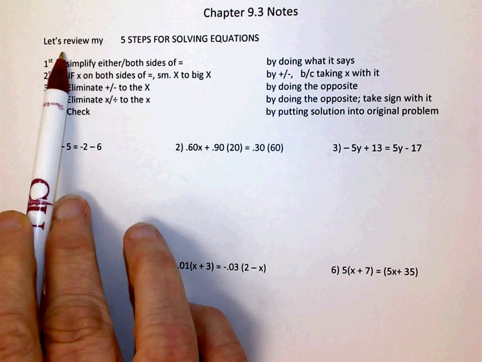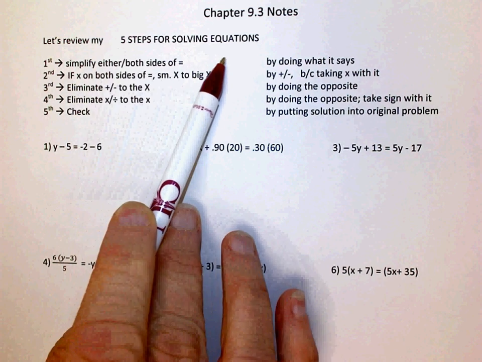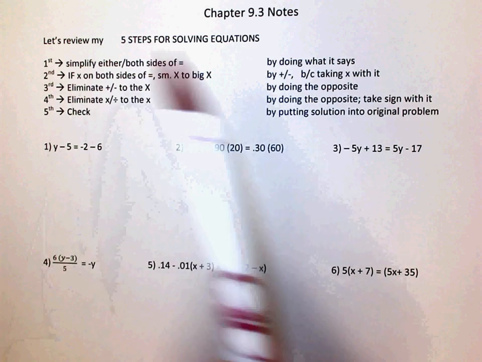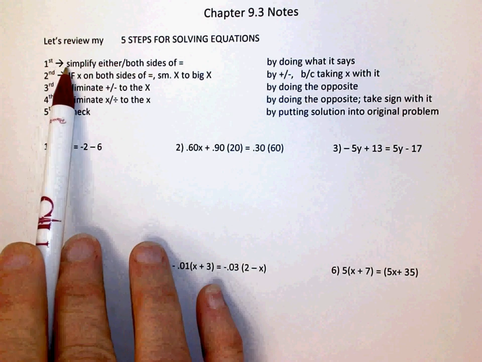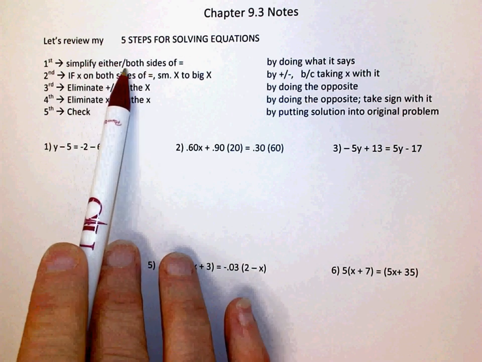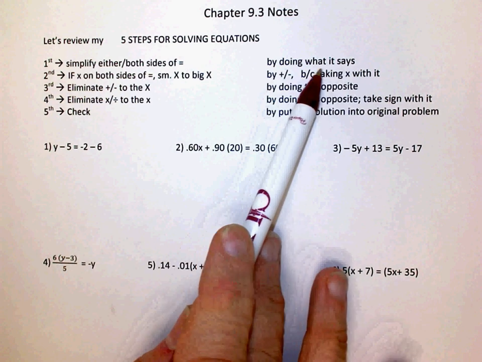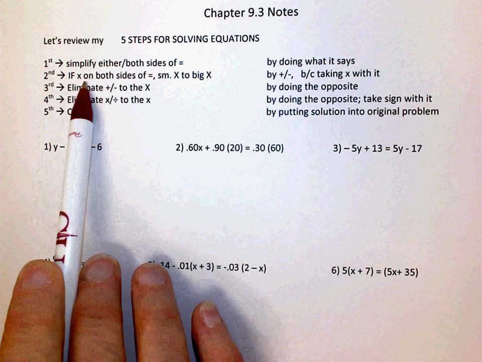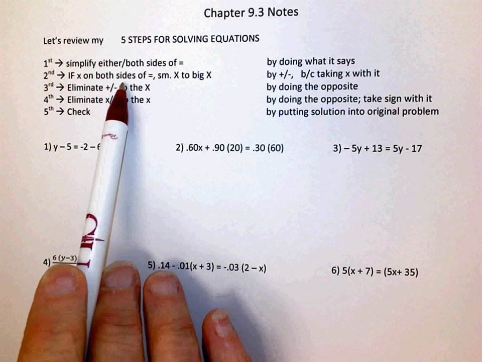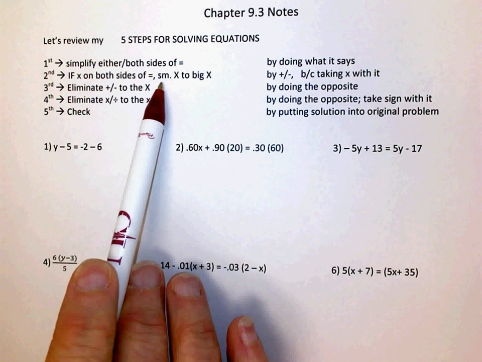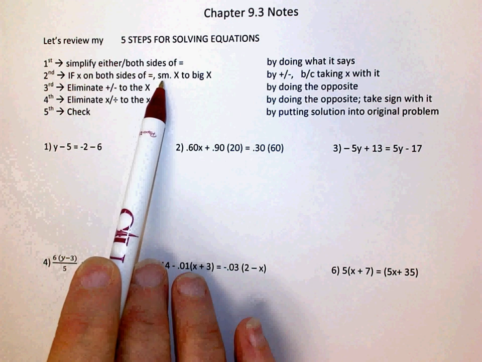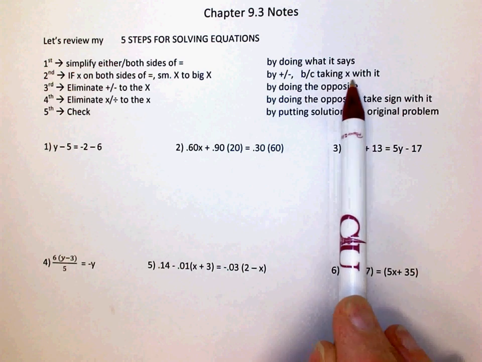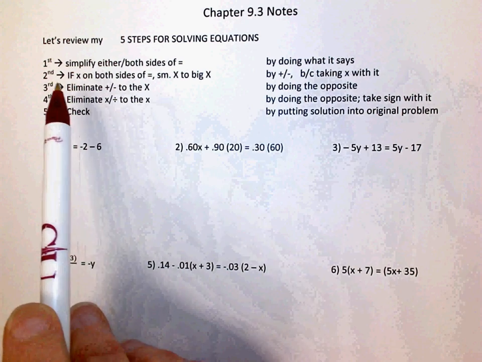Now, review my 5 steps for solving equations, which you saw in Chapter 3. So I'm just reviewing. The first step is to simplify either or both sides of equals by doing what it says. Now second, if there's an x or a variable on both sides of equals, always and forever take small x to big X by either adding or subtracting, because you're taking the x with it.